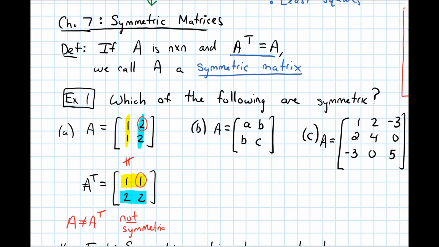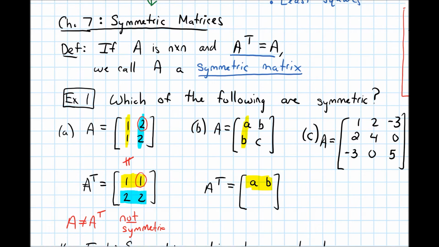Alright, let's talk about part B. If we transpose this matrix, let's look at our two columns in A. Here's the first column, and that becomes the first row of A transpose, so I'll have A, B as the first row.